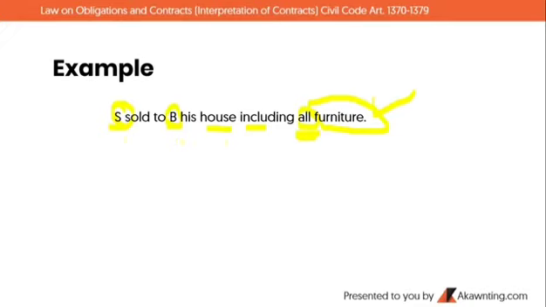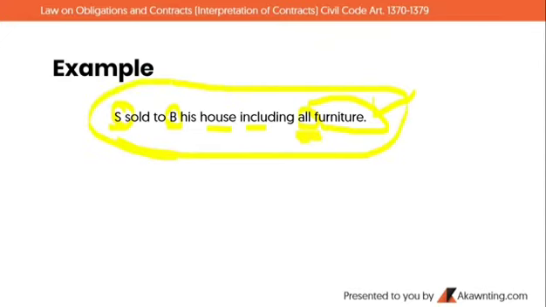So, in interpreting this written contract, yung word na all dito, it doesn't necessarily include all furnitures talaga. Syempre, hindi kasama dyan yung mga, yun nga, yung sinabi ko kanina, furnitures that are not really owned by S, okay? So, therefore, wala siyang right para matransfer yun kay B. Okay?